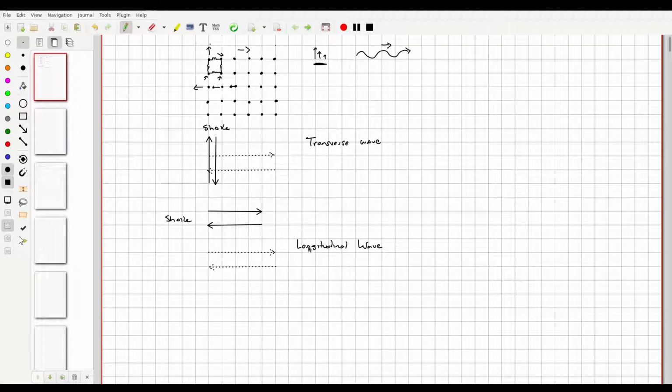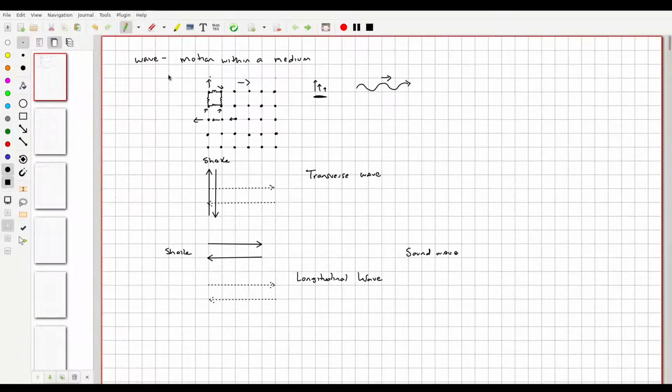Now, a good example of a longitudinal wave would be a sound wave. And longitudinal waves are actually pretty important because it turns out transverse waves, when it comes to states of matter in which they'll move through, they only move through solids.